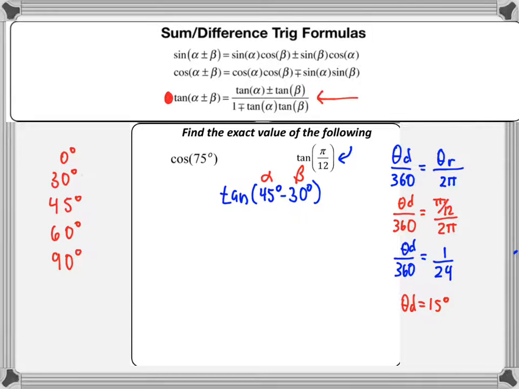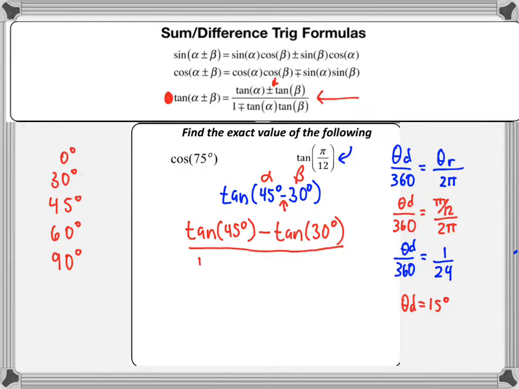We're going to plug it into this formula here, making sure that we keep our signs straight, because we've got a direct relation and an opposite relation right here, so we have to watch those signs. So we have the tangent of 45 degrees, and since that's a minus sign, it's going to be a minus right here, tangent of 30 degrees.